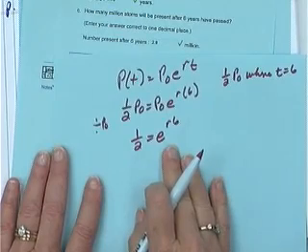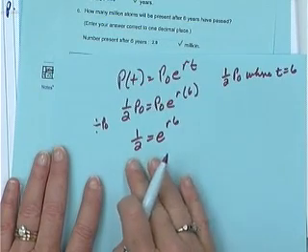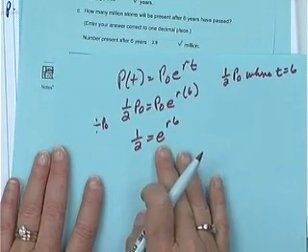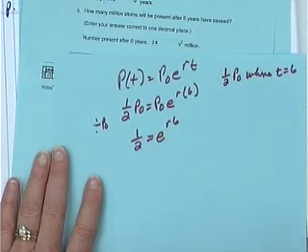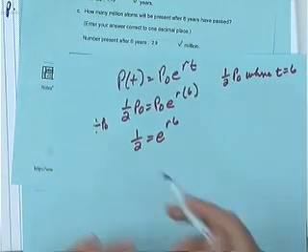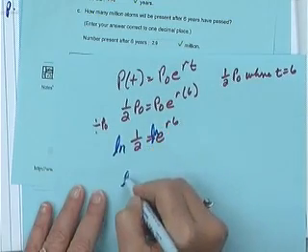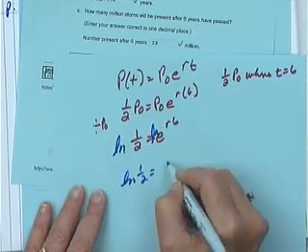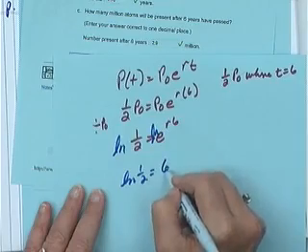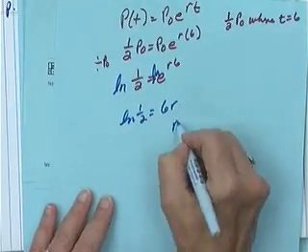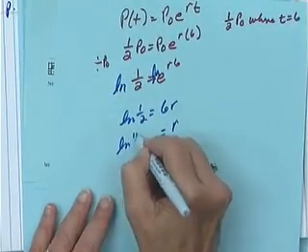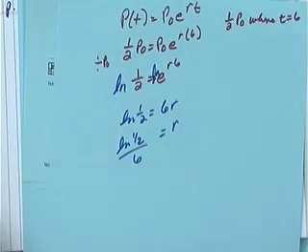What kind of equation do you have here? Exponential. What do you need to do to get to the r? Take the natural log of both sides. And so we get the natural log of 1/2 equals 6r. So r then is natural log 1/2 divided by 6. Let's get that much done right.